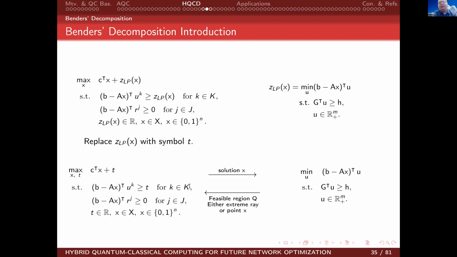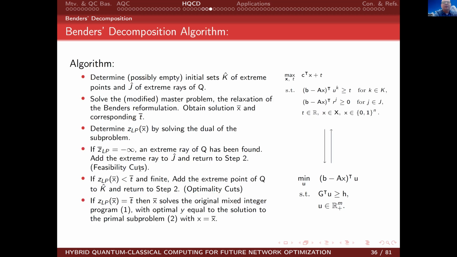So this is Benders decomposition. We can say the master problem actually is very close to a pure binary programming problem. The only challenge is that we have a continuous variable t, which is used to represent the objective value of the subproblem. So this is the whole process.